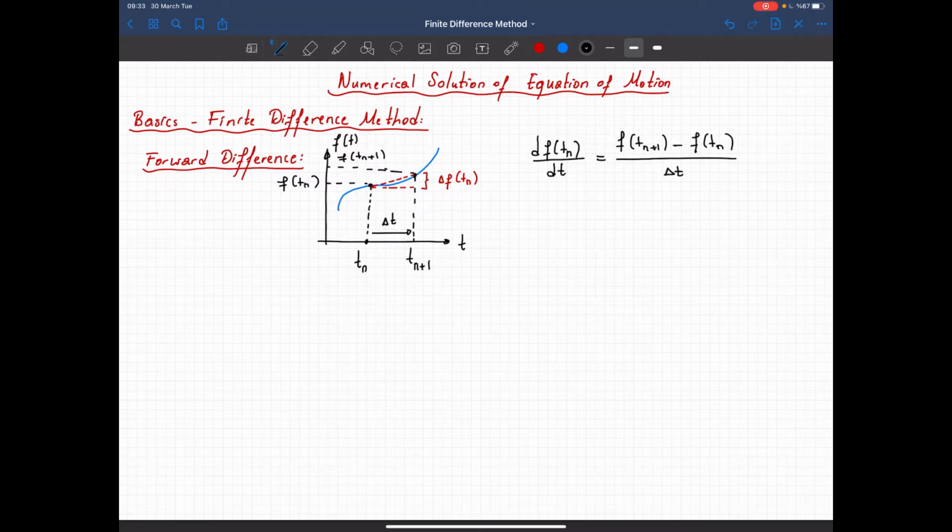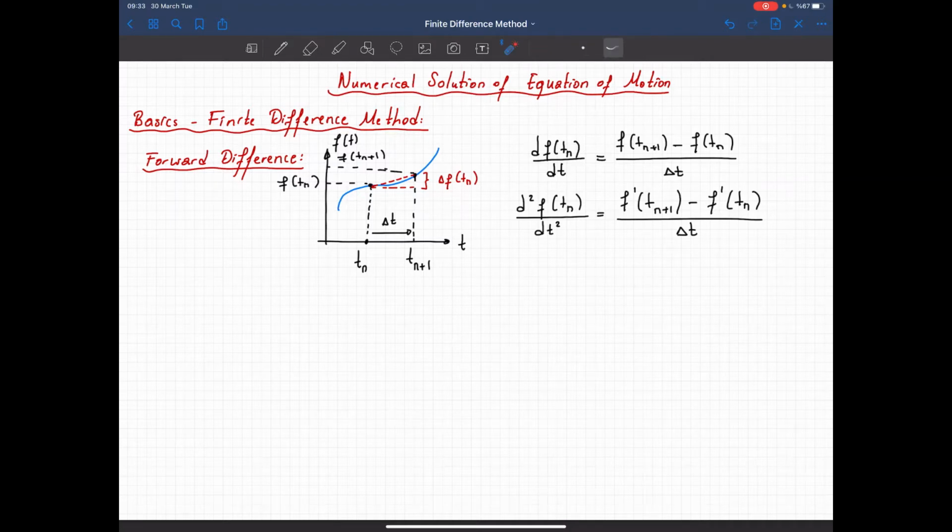And now in the equation of motion we also need the second derivative, so let's figure that out. d squared f by dt squared is equal to f prime at tn plus 1 minus f prime at tn divided by delta t.